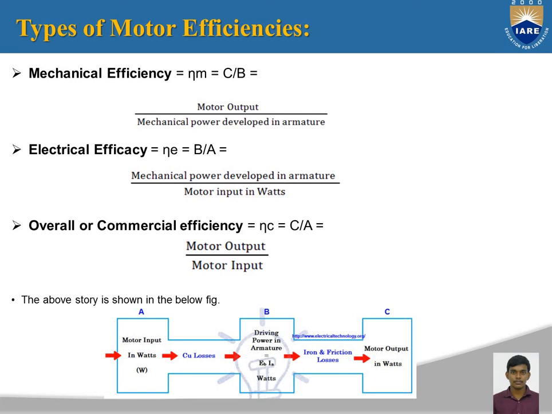So if you want to find the mechanical efficiency, you go with C by B. If you want to find the electrical efficiency, you go with B by A. And if you want to know the overall efficiency, it's very simple, you go with C by A. As I already mentioned, output by input, it's just simple.